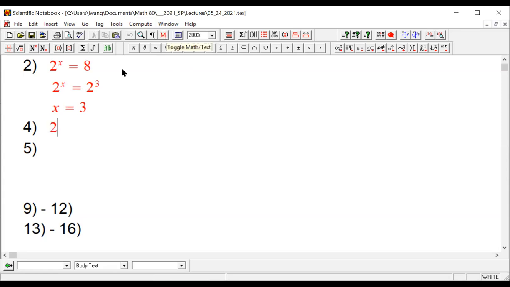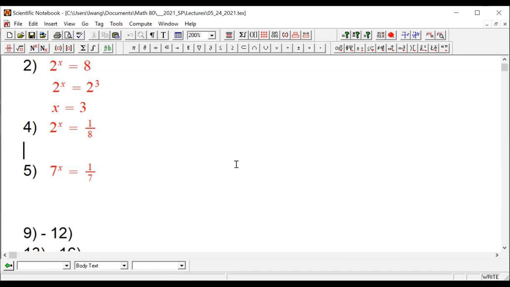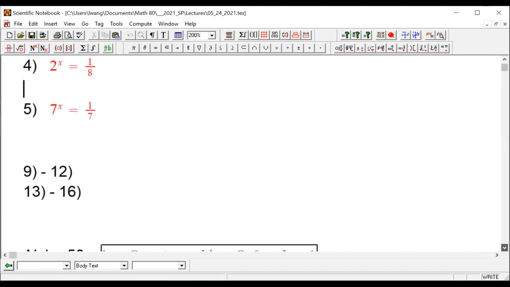Number 4, we have 2 to the power x equals 1/8. Number 5, we have 7 raised to the power of x equals 1/7. Let's see what the answers are.